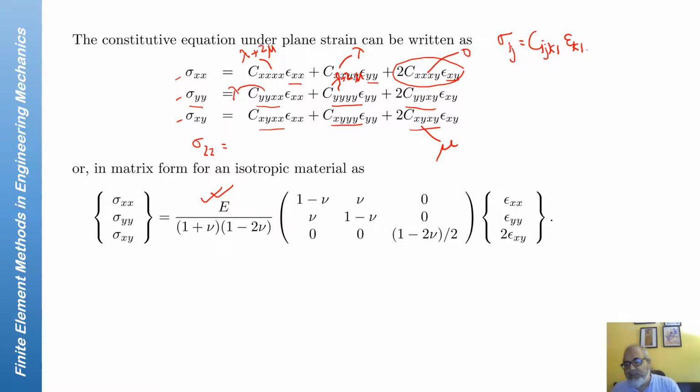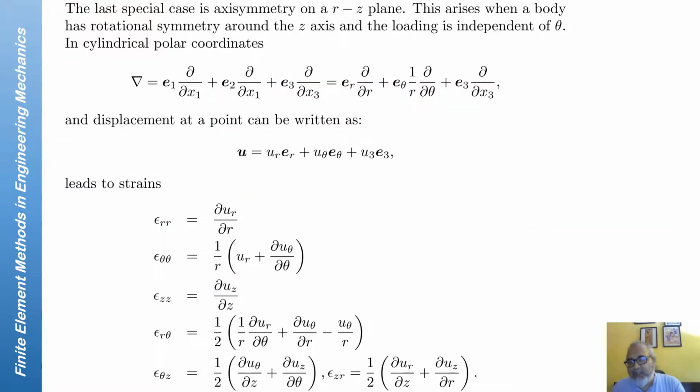Another case can actually be clubbed into these kinds of situations, and that is the case of axisymmetry. To understand axisymmetry, we first have to recall a little bit of the coordinate transformations that we did.